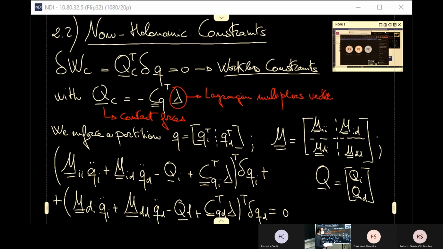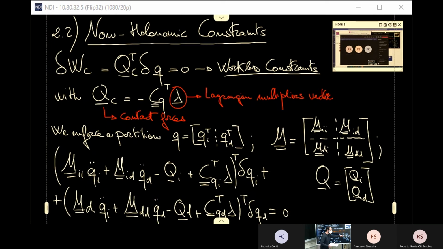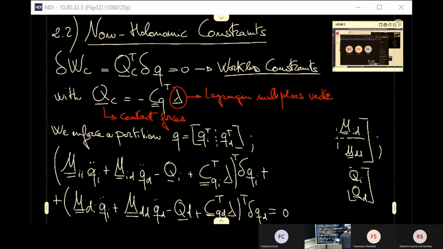All right. So this follows always from this one. This is the vector of generalized forces, external forces, and then also the contact forces. So I and D from here, basically. Yeah, sure, no problem. Let's actually write it properly.